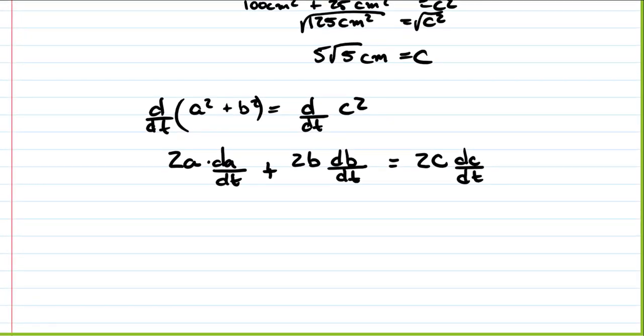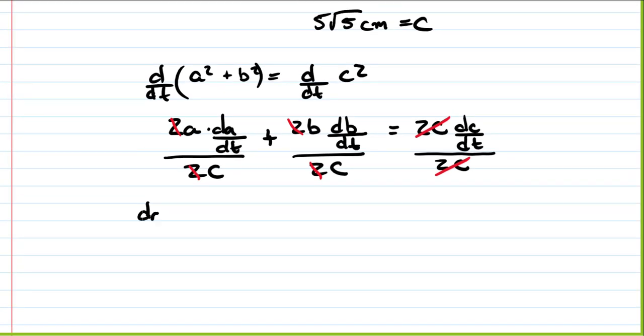So we can solve the equation for dc dt by dividing everything by 2c. So those reduce out in each of these factors. The 2s reduce out. And finally, then dc dt is equal to a divided by c dA dt plus b divided by c dB dt.